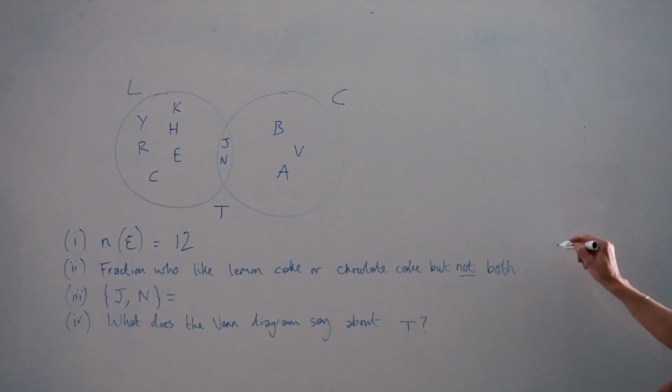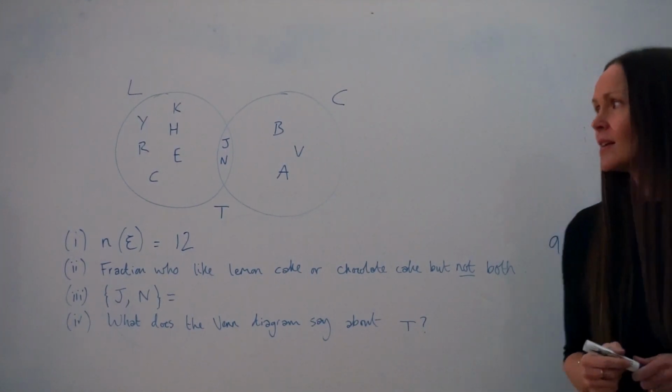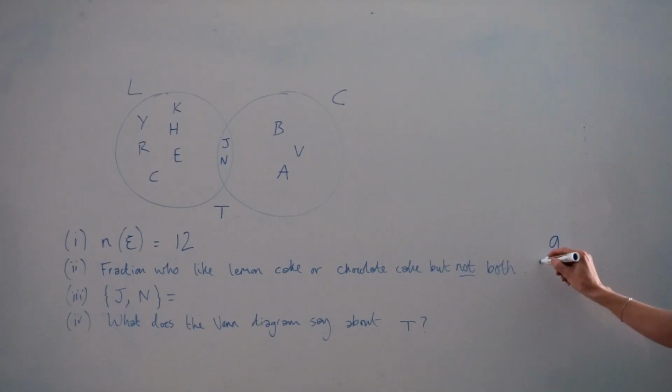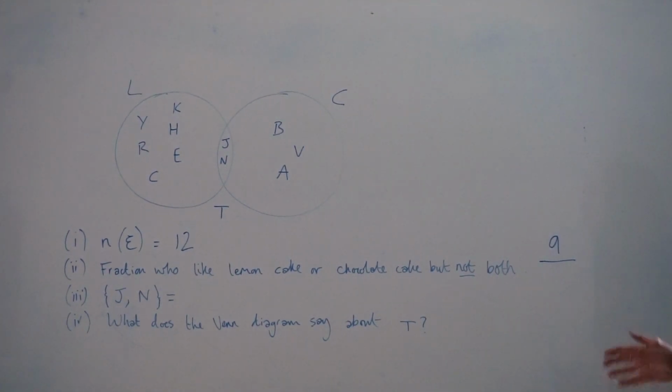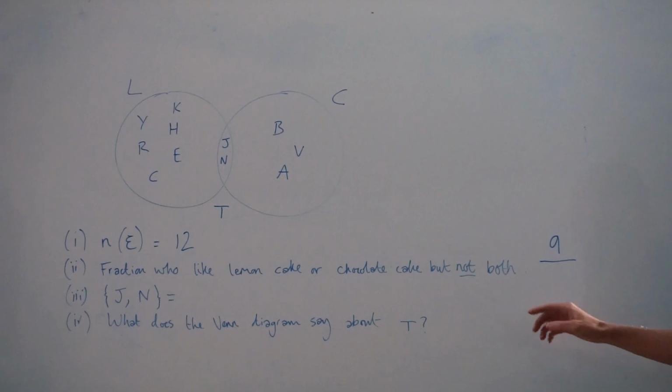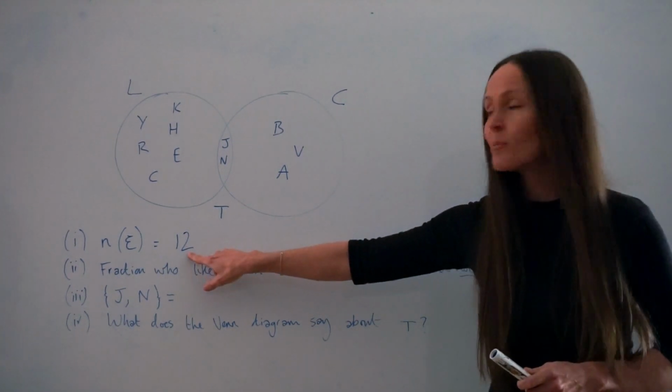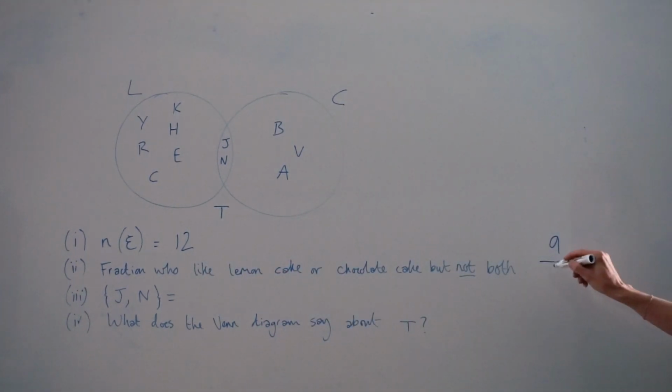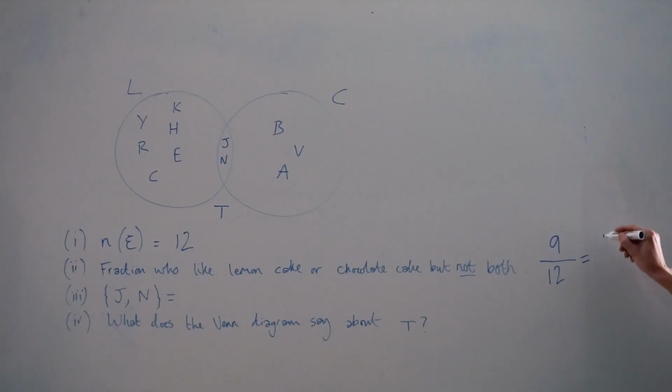Okay? So that's the number of customers, but we have to write down the fraction. So the fraction is always out of the total. The total number of customers we worked out in part 1, it was 12. So the fraction is 9 out of 12. And if you want to simplify the fraction, you could also write 3/4. Okay, so that's part 2.